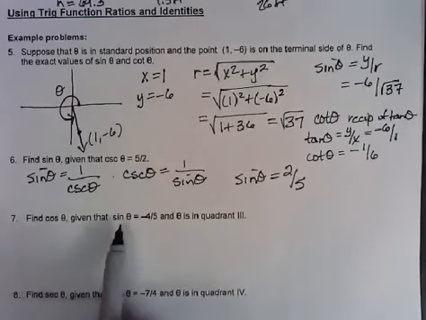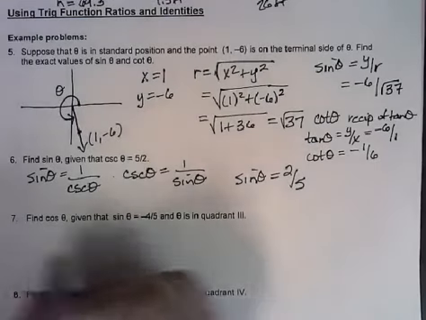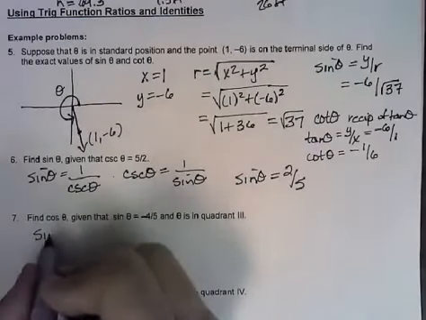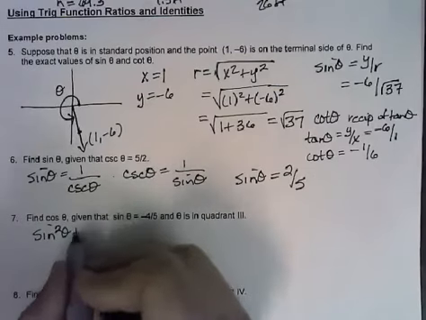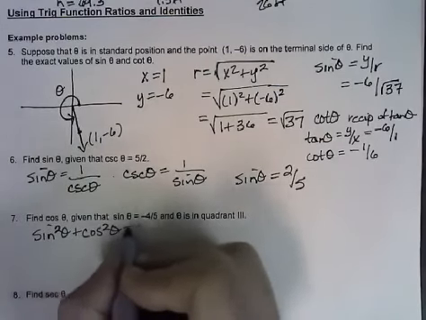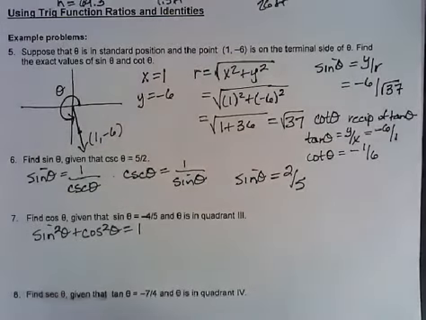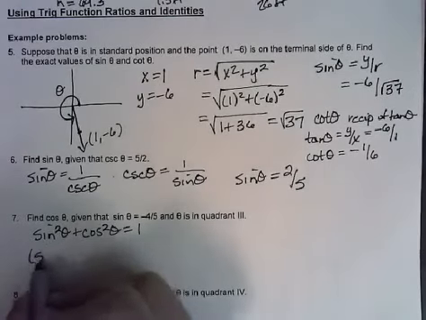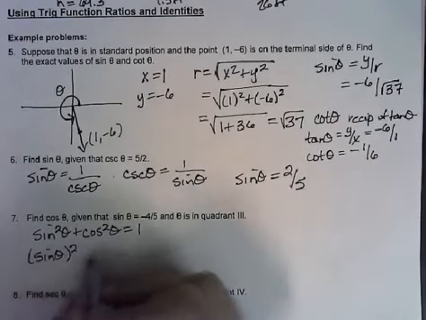In this one, again, we're going to go back and look at our identities, see which one just involves cosine and sine. That would be our first Pythagorean identity. That says that sine squared plus cosine squared equals 1. Now let's rewrite this with our exponents on the outside of parentheses.